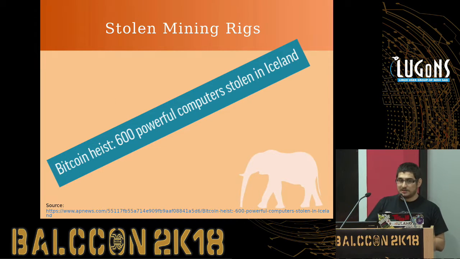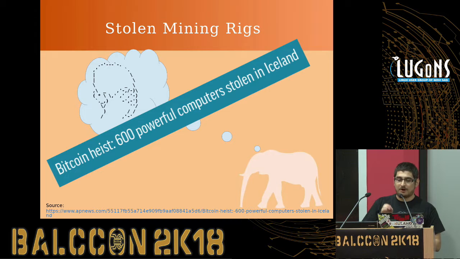People managed to steal 600 powerful mining rigs out of a data center in Iceland. Iceland is an island with water around it, and they don't know where the mining rigs are. They just disappeared, 600 of them. You can't make the story up.